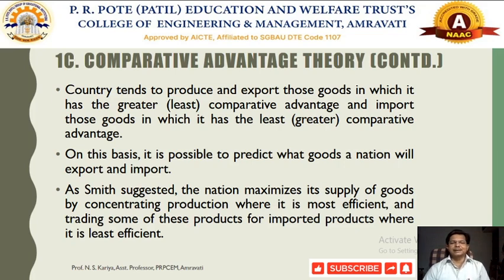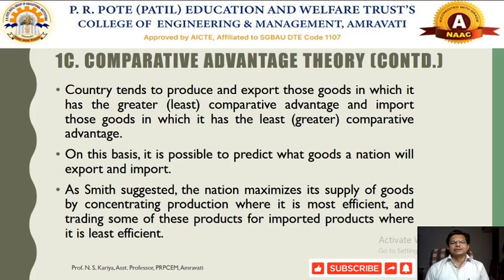Smith has further suggested that nations maximize their supply of goods by concentrating on production where they are more efficient and trading some of these products for imported products where they are least efficient. Now it depends on when the country starts to export or import.